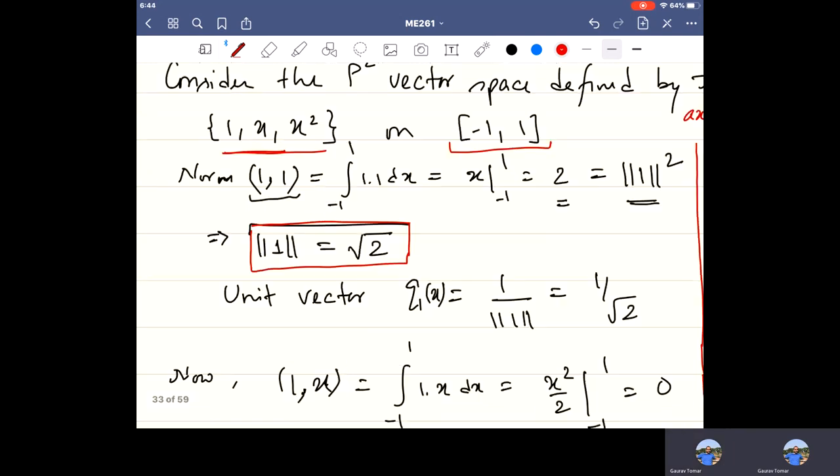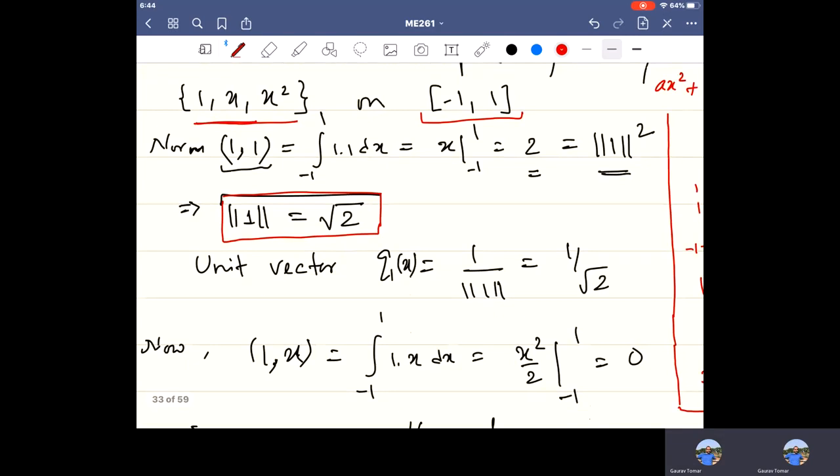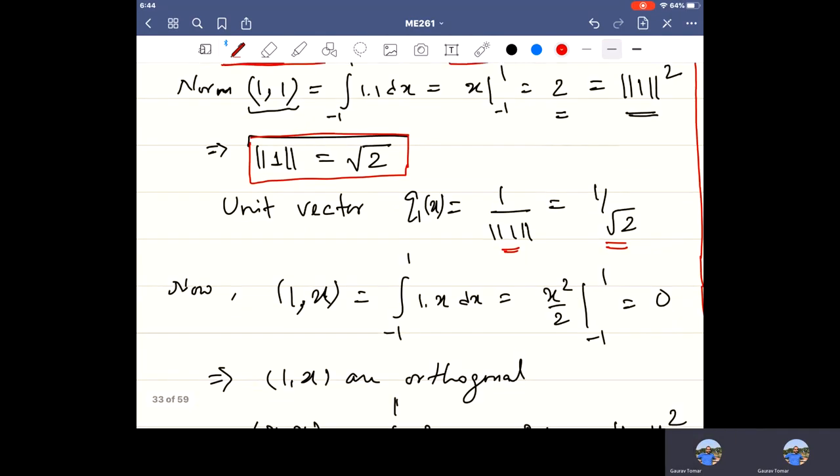Correct? Now we can define a unit vector q1(x) as 1 by norm of 1, which is 1 by root 2. Now we have gotten the first vector. This is like writing the way we were writing e1 as i1.